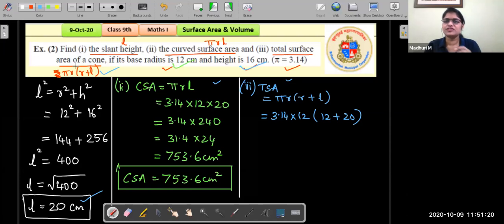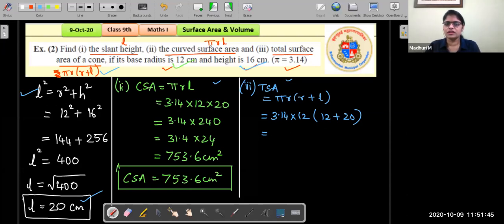You would be straight away given the question, find the curved surface area and total surface area. So for a cone, always remember, both the formulas require slant height and not the height. So start with finding out the slant height first using this formula, that is L squared equals R squared plus H squared.